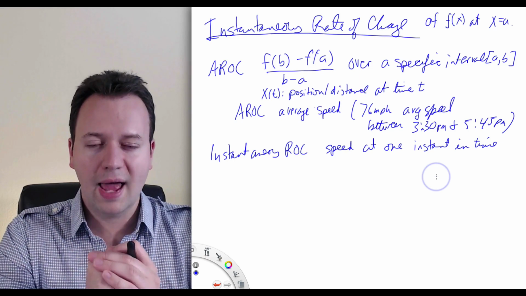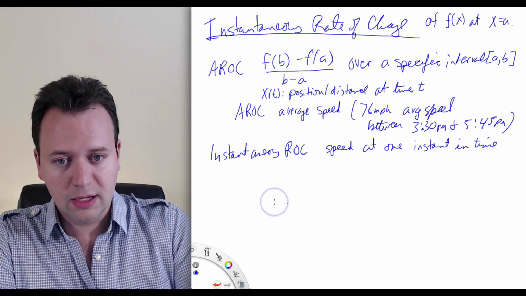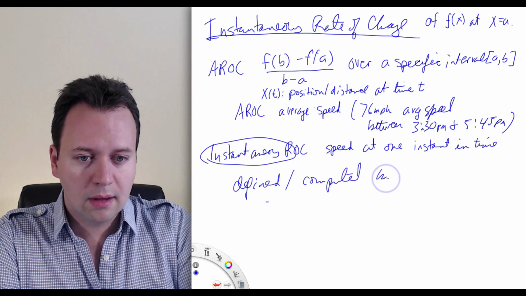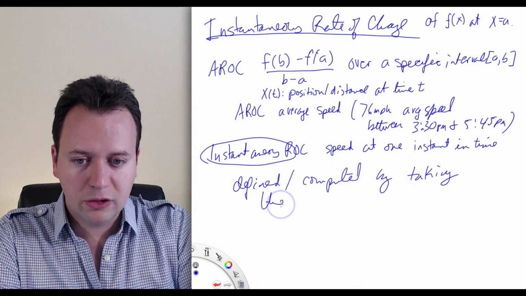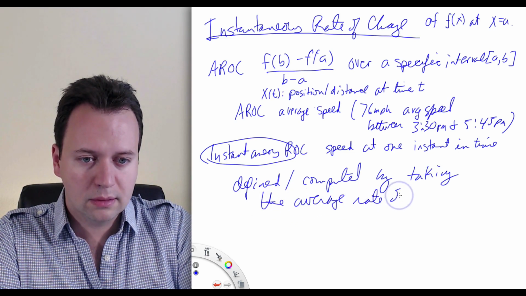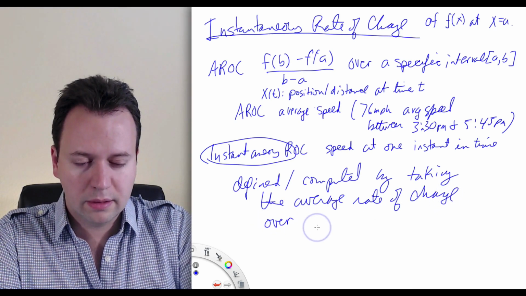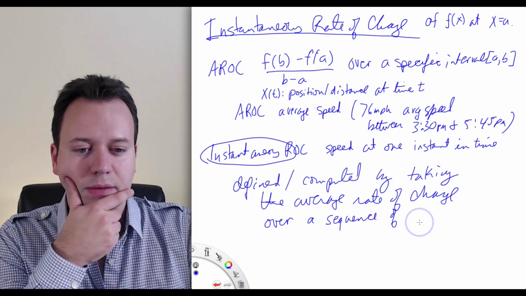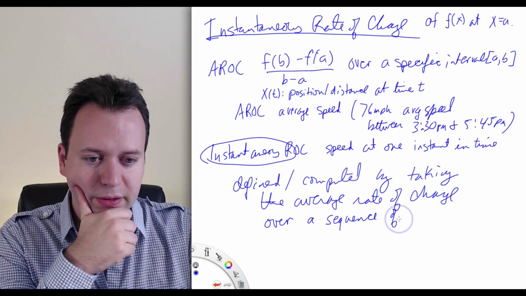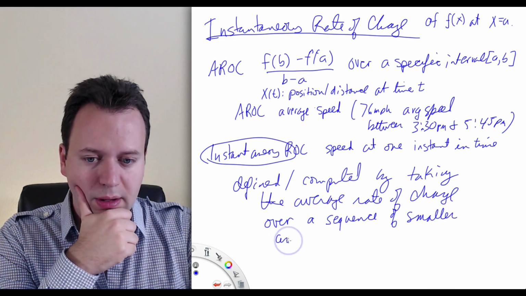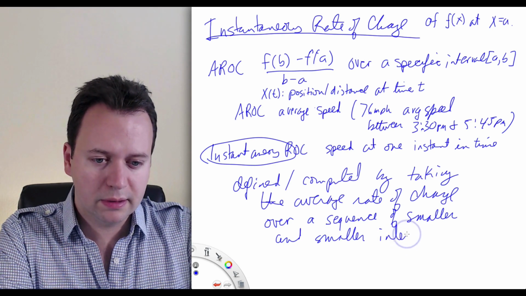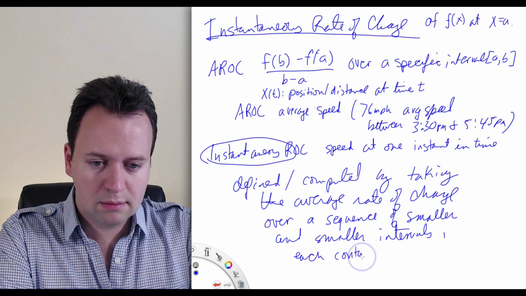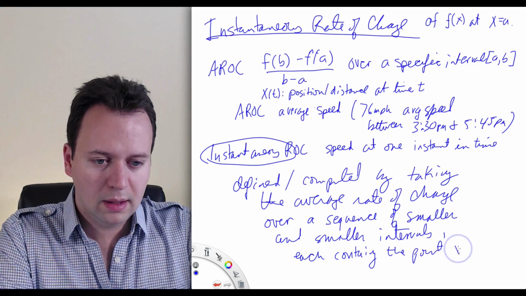And to do this, we'll use the average rate of change. So the whole idea of the instantaneous rate of change, it's basically defined or computed by taking or computing the average rate of change over a sequence of smaller and smaller intervals, each containing the point x equals a.